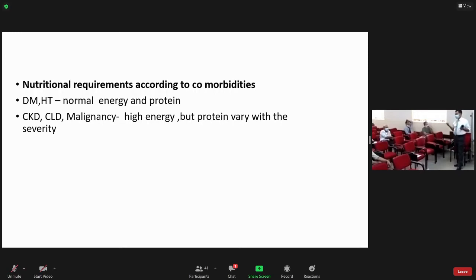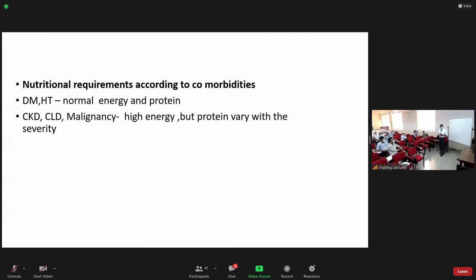Sometimes the patient may need 40 kilocalories per kg if severely malnourished. For hypertension also, same theory. If the patient is obese, then of course we have to restrict calories below the normal margin. And for chronic kidney disease, chronic liver disease and malignancy, the patient needs high energy, sometimes 30 to 40 kilocalories per kg.